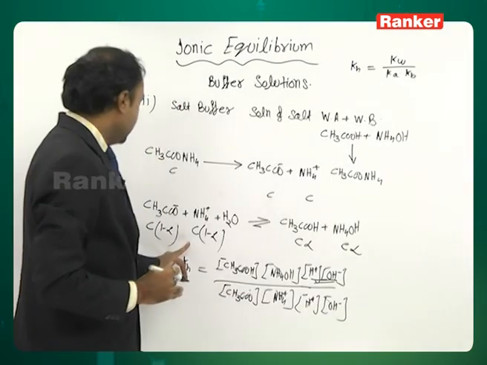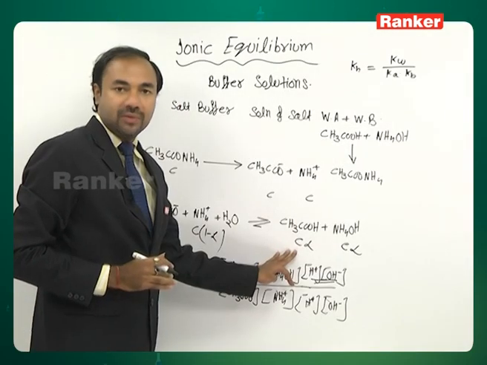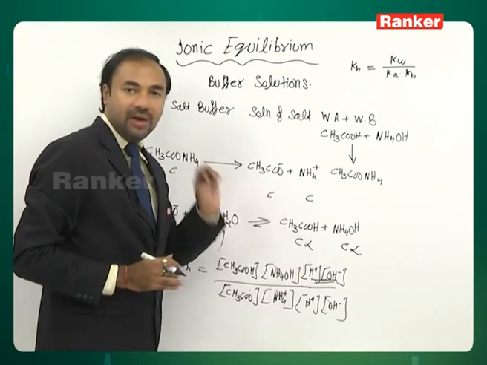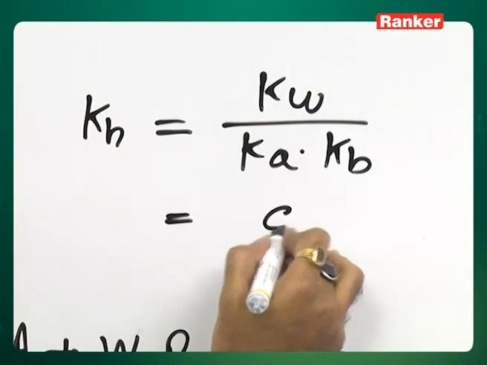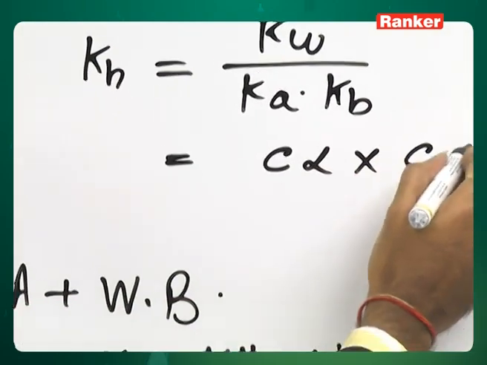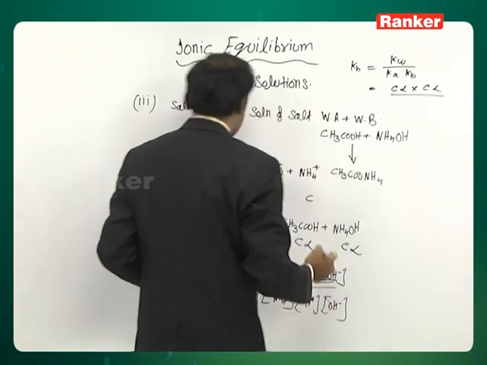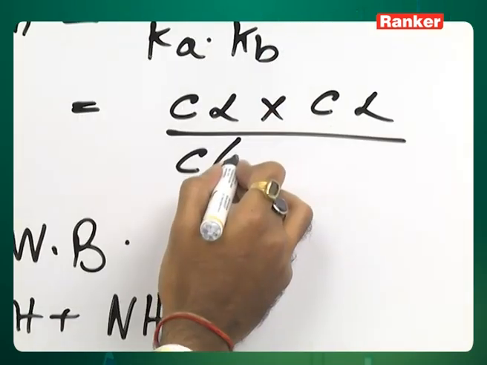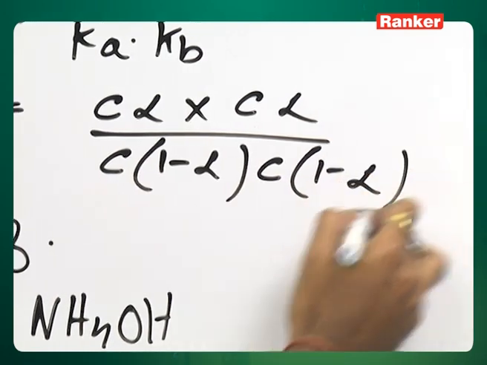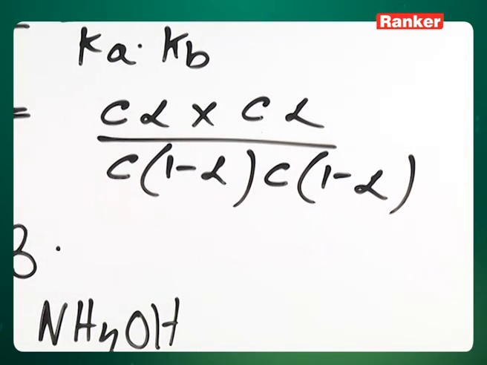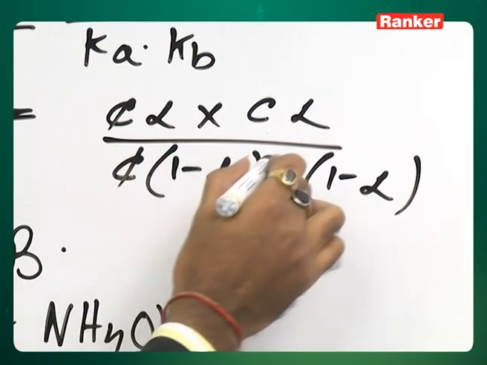Simultaneously, we substitute these values, which are the concentrations in terms of C and alpha. So it becomes equal to C alpha into C alpha upon C into 1 minus alpha and C into 1 minus alpha. Right. Now, as you can see, C gets cancelled.